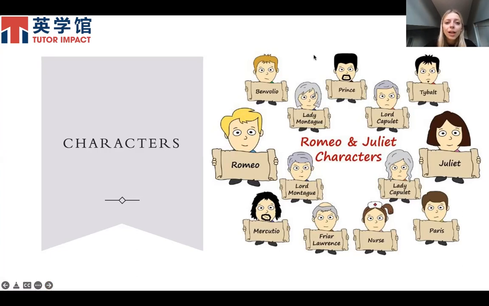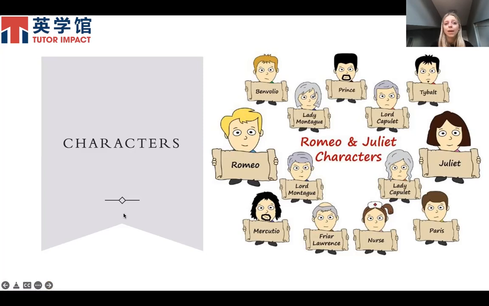We have Benvolio and Mercutio, both of whom are friends with Romeo, and they are on the Montague side of the divide. And then we also have Friar Lawrence, who is a friar, like a priest in the story. And we also have Juliet's nurse, who plays a role in the story. So as we said before, we've got the Montagues on one side, on this left-hand side here, and we have the Capulets on the other side.